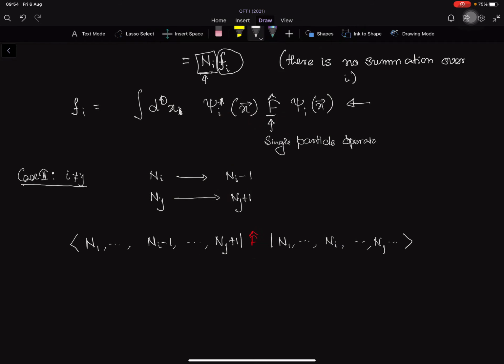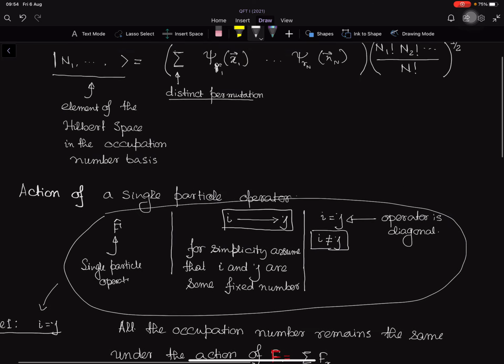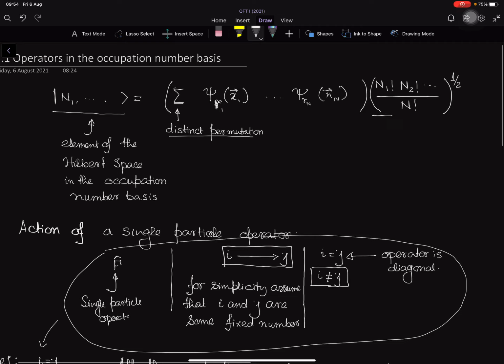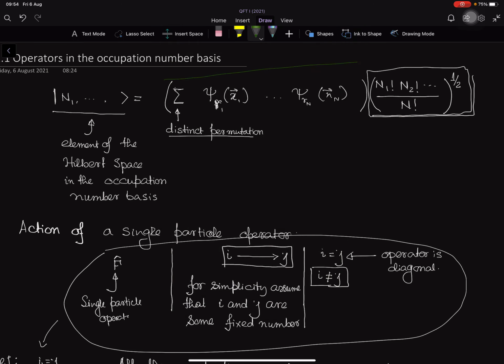Let's now try to compute this. Firstly, from the normalizations, you remember there was an important normalization factor, so we will put that whole expression there and try to compute it.